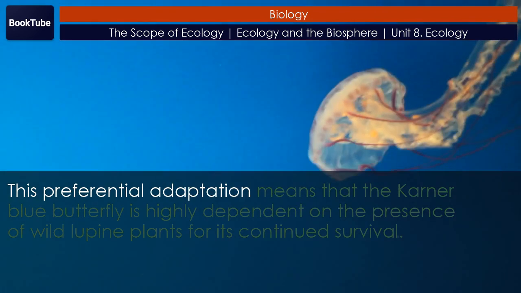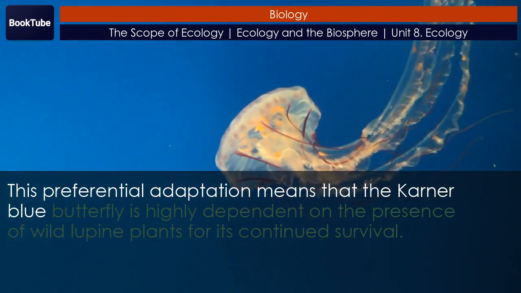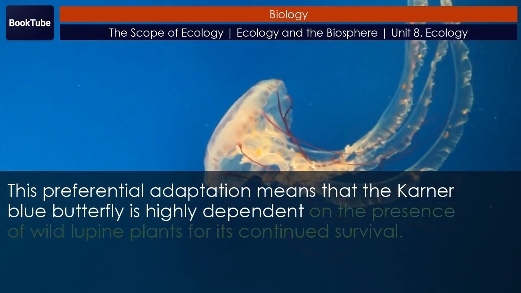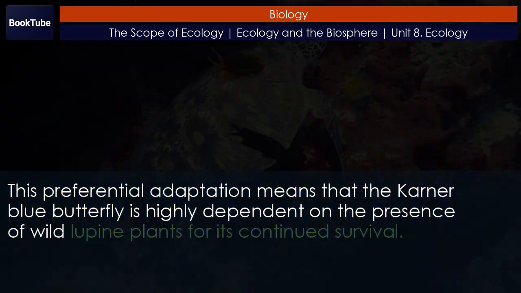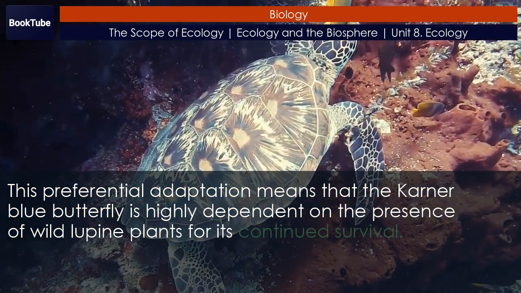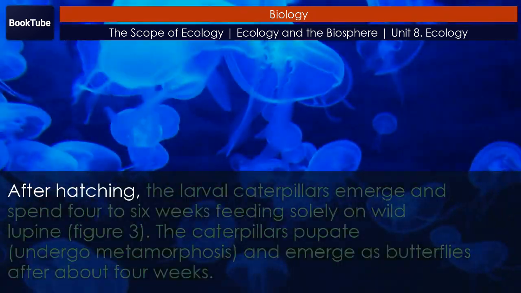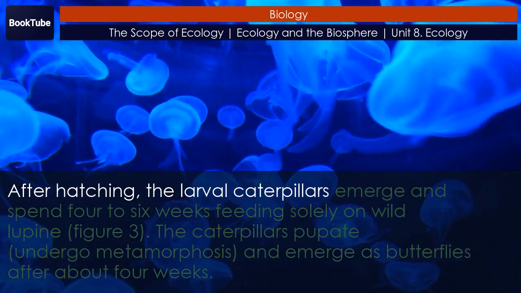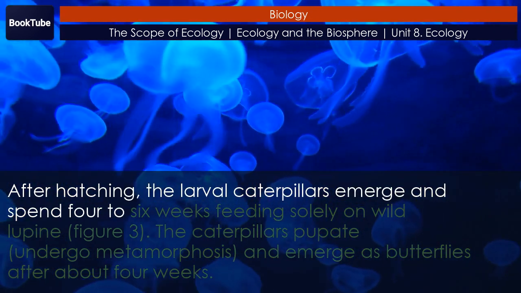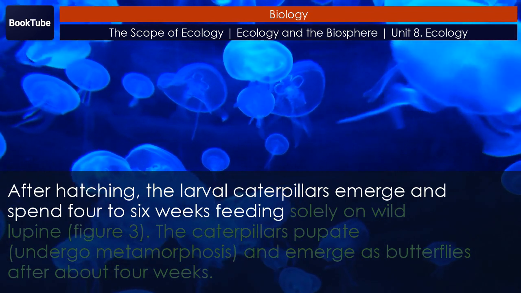This preferential adaptation means that the Karner blue butterfly is highly dependent on the presence of wild lupine plants for its continued survival. After hatching, the larval caterpillars emerge and spend 4 to 6 weeks feeding solely on wild lupine.